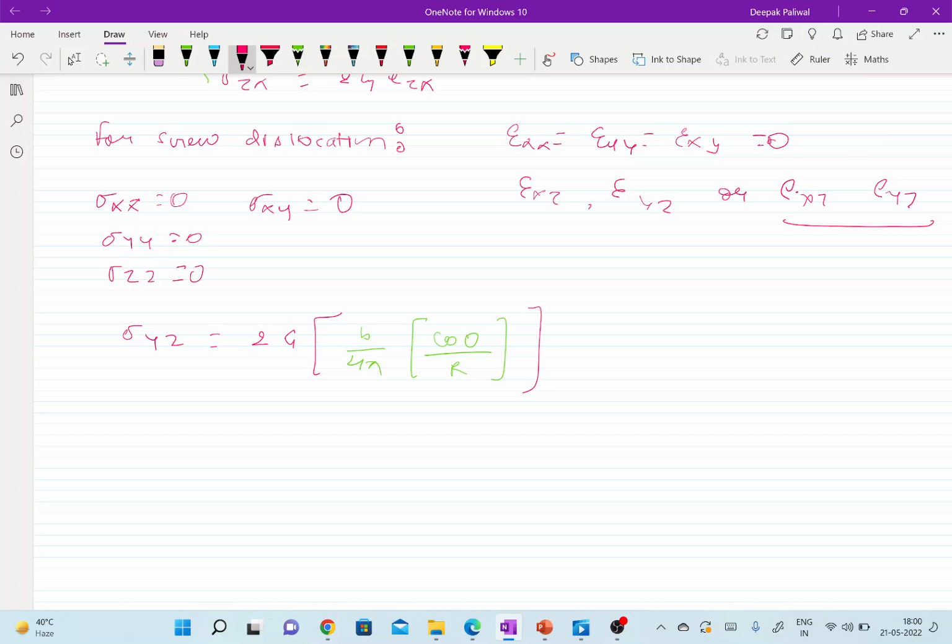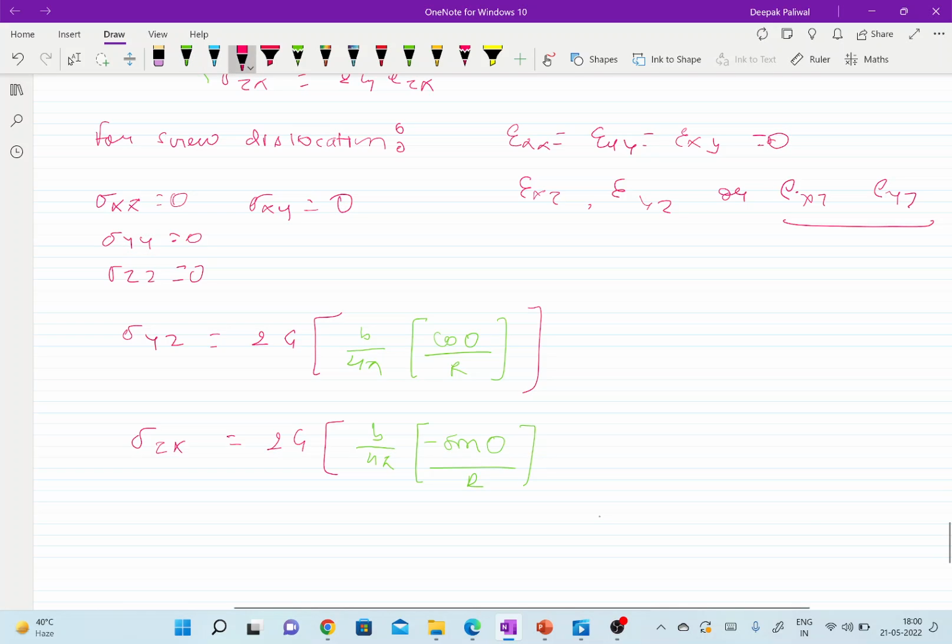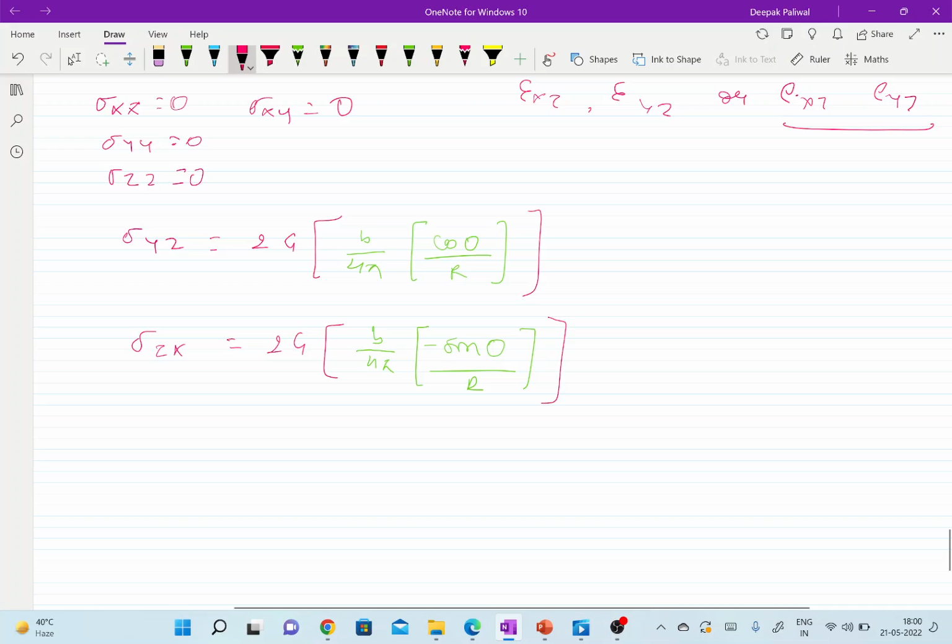For sigma zx or sigma xz, 2g again, b by 4 pi, times minus sine theta by r. So here we have the shear stress field.